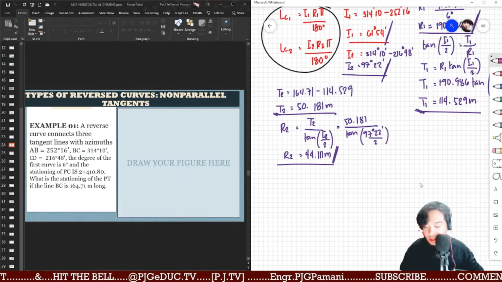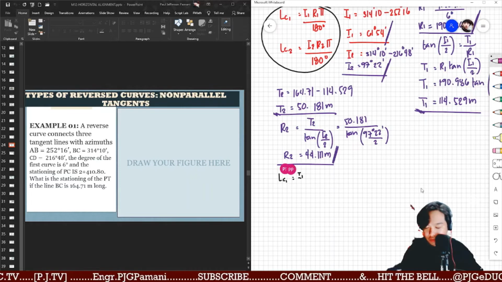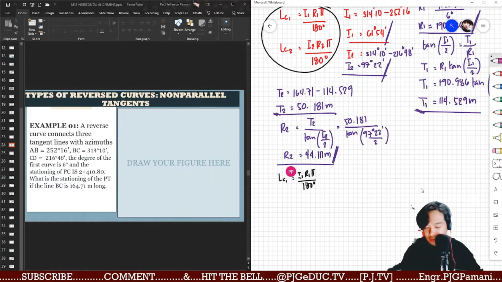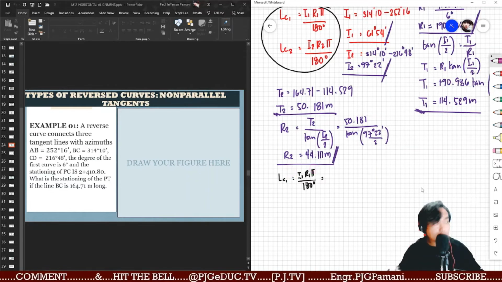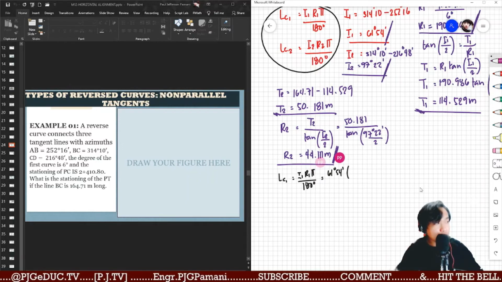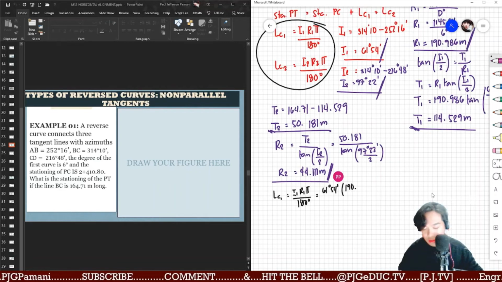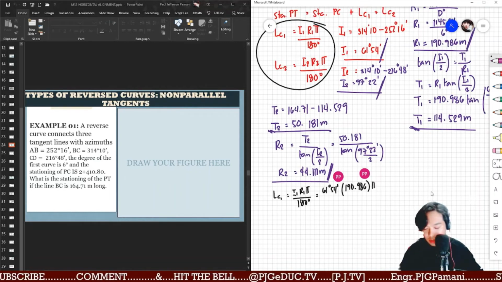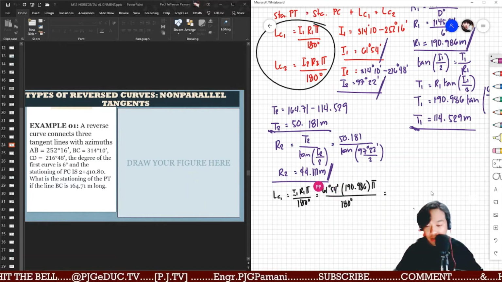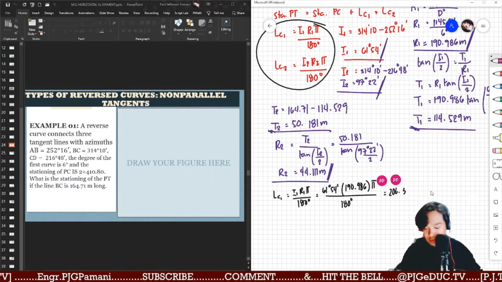Now, the length of the first arch is simply the angle of intersection of the first curve times radius of the first curve times pi over 180 degrees. Angle of intersection 61 degrees 54 minutes, radius 1 is 190.986, times pi over 180. Length of the first arch, 206.333 meters.